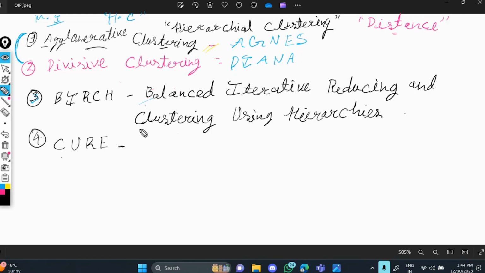Can you reply to me in a group or somewhere? Is the first one clear to you? Agglomerative clustering. So you can understand by the first one what we are doing. I understood the first one.